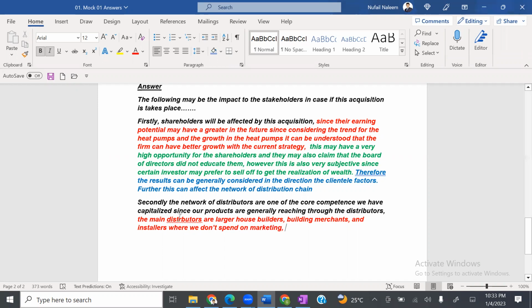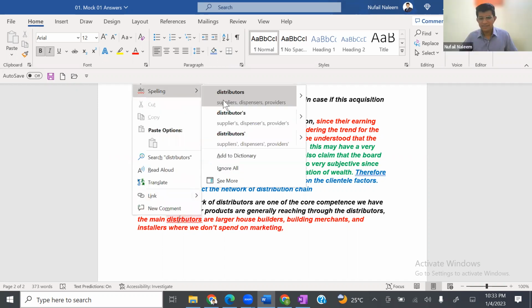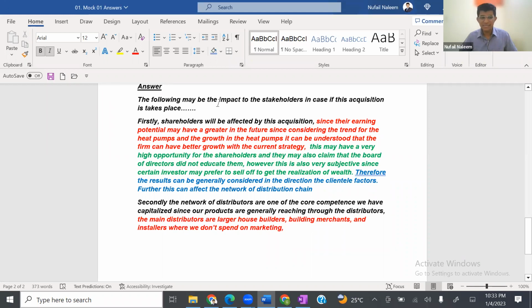Now, students, I'm telling you, if you want to build a successful model, build the relationship with the people around you. Easily, you will not even spend on what, students? Marketing. So we don't spend on marketing.